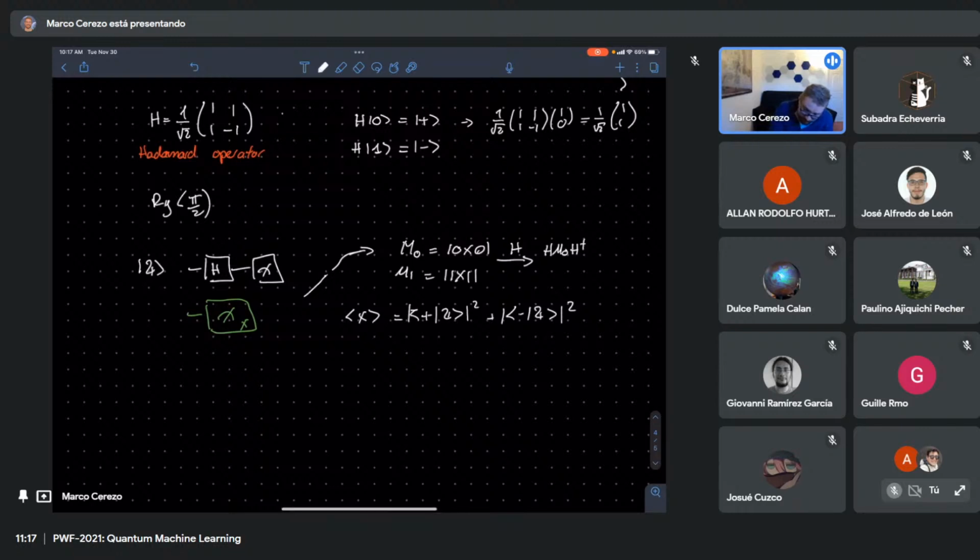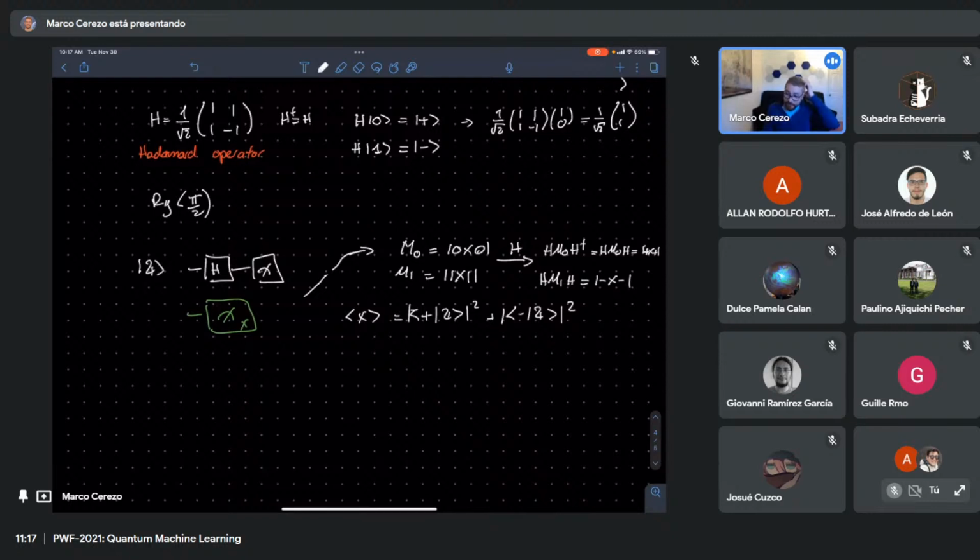And you can show that this matrix is Hermitian, so that H dagger equals H. So this is just H M0 H. And by definition, this is just |+><+|. And H M1 H is just |-><-|.